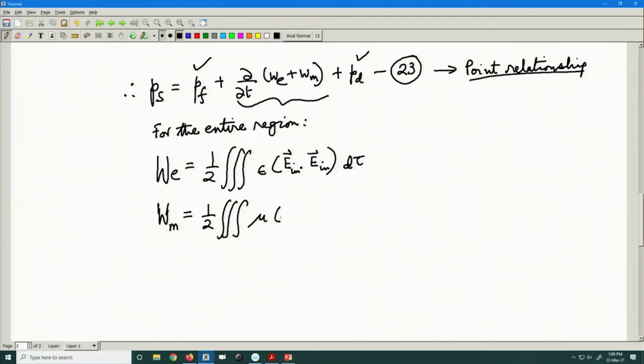Similarly, W m becomes the stored magnetic energy, and we have derived that by triple integrating the energy density. So, this is the total electric energy and this is the total magnetic energy.